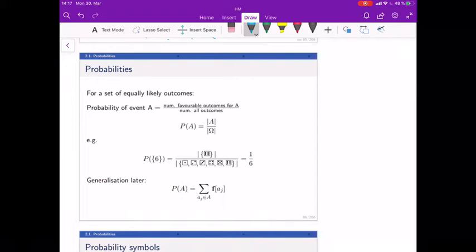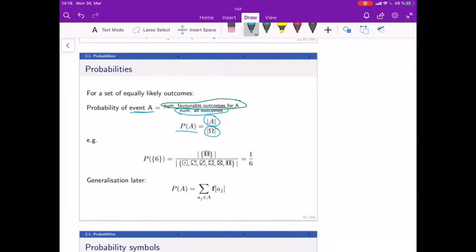If we write it a bit more generally, we can say if all outcomes are equally likely, then the probability of an event A is the number of favorable outcomes for that event, divided by all outcomes that are possible. As a formula, the probability of A is the cardinality of A divided by the cardinality of omega.